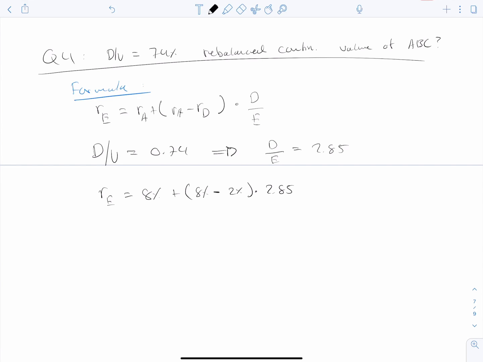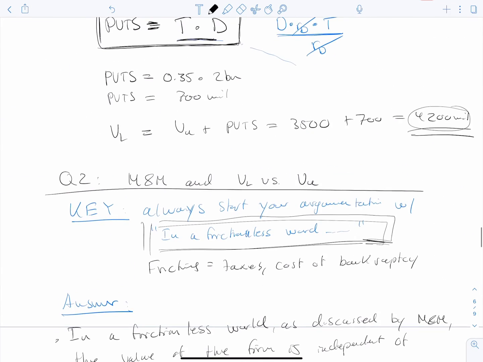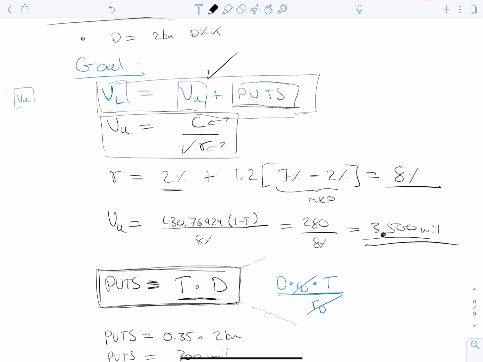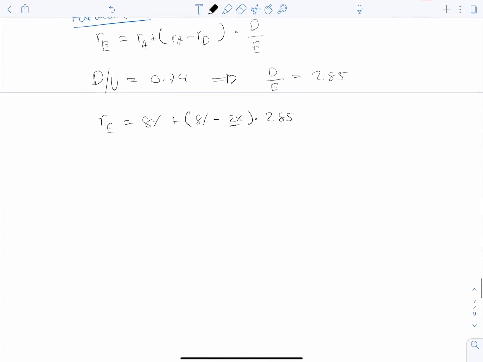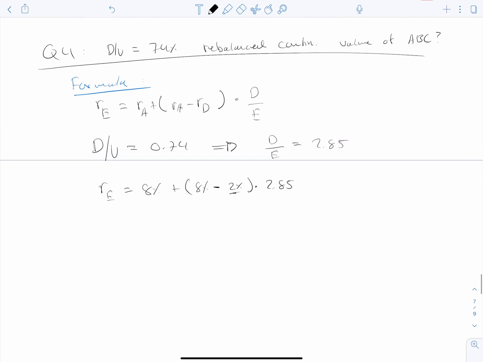So just remember that in the exercise, we're told that you can think of debt as being risk-free. And we've also calculated earlier that the return on assets is 8%. Good. So we jump down here, and then we find that given this, the return on equity is 25.08%. Good.